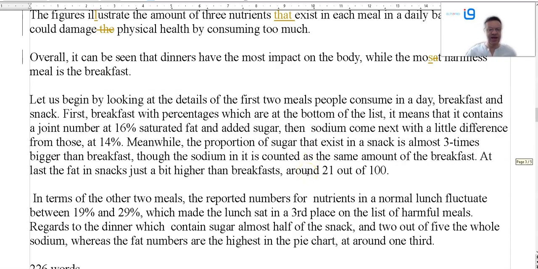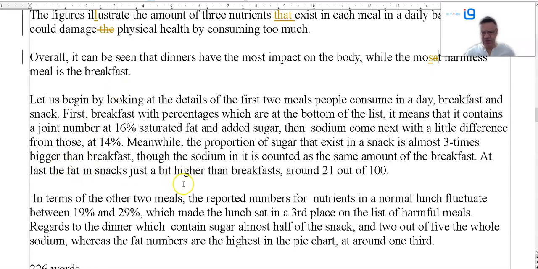Let us begin, or it can be seen, looking at the details of the first two meals people consume in a day: breakfast and snack. Breakfast and snack. Who says that that snack is the second meal of a day? The snacks are over the entire day. A biscuit here, a crisp there, I don't know, a piece of chocolate. So that's not strictly true.